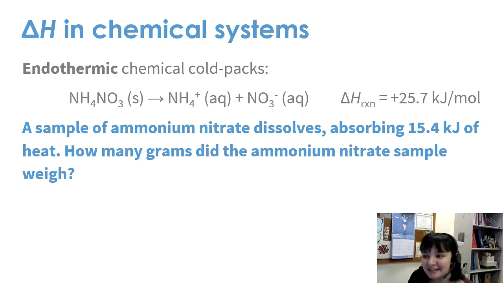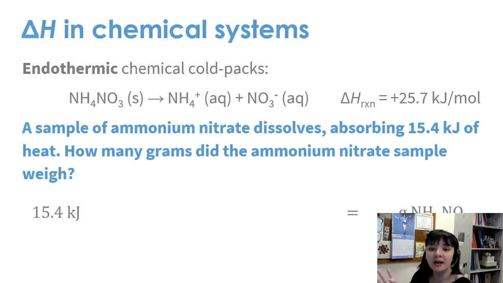All right, so setting this one up, I'm trying to convert my 15.4 kilojoules into grams of ammonium nitrate, or NH4NO3. Beginning with kilojoules, I may first try to convert that into moles. Now, what kind of moles should I convert to? If I look at my delta H of reaction, that's just kilojoules per mole.